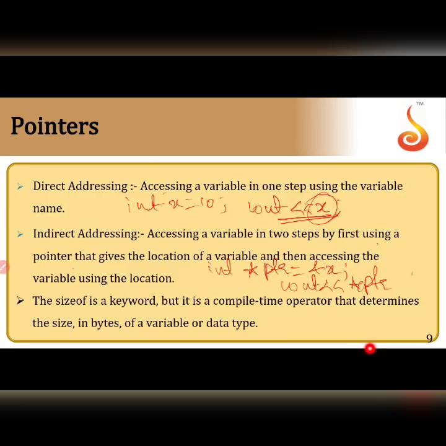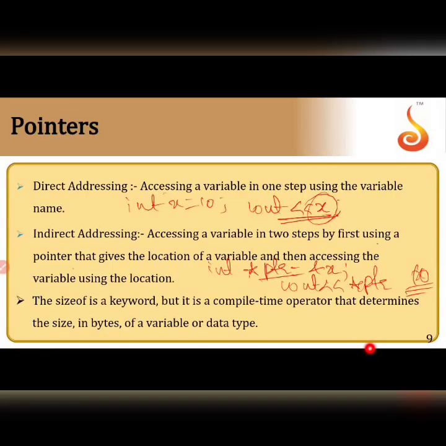It will also print me x only, 10 only, but I am first making a pointer point to that location, and using that pointer I am getting the value which is present in that location. This is called indirect addressing. So, hopefully you have understood what is direct and indirect addressing.